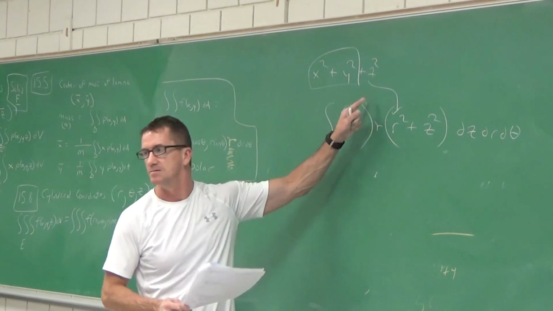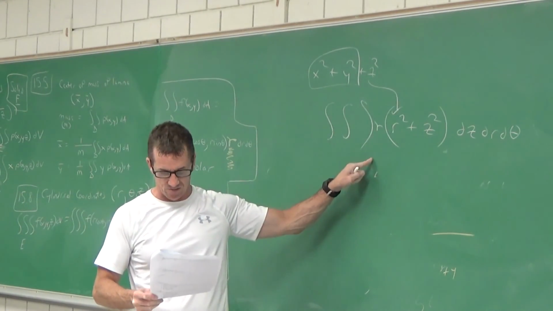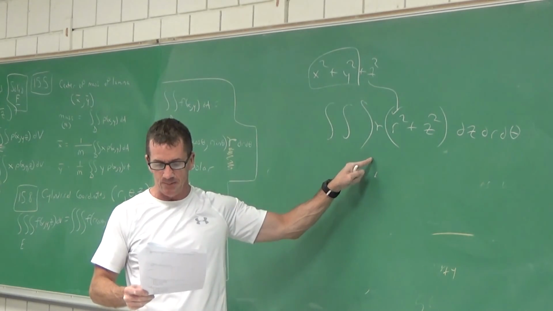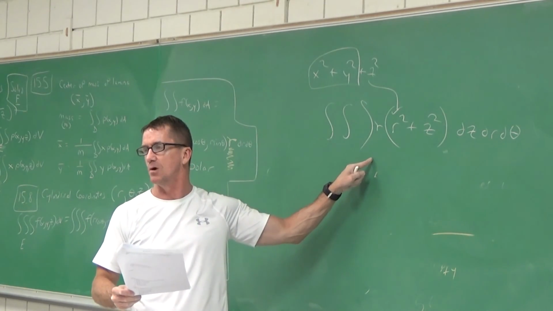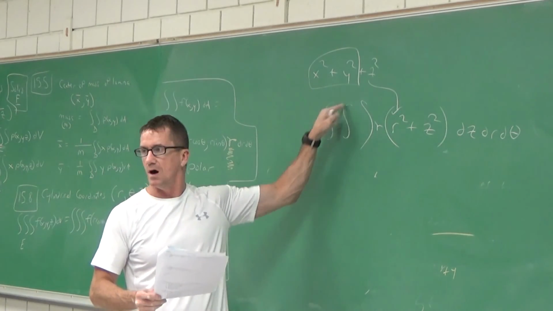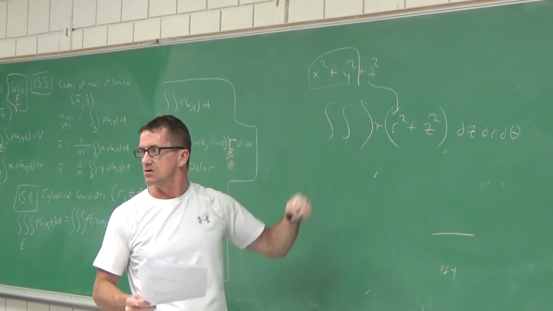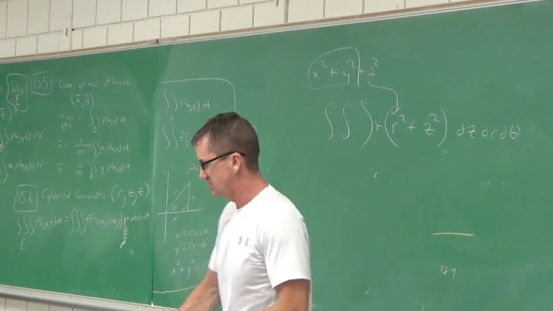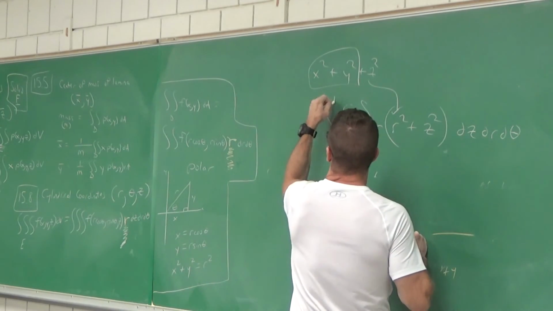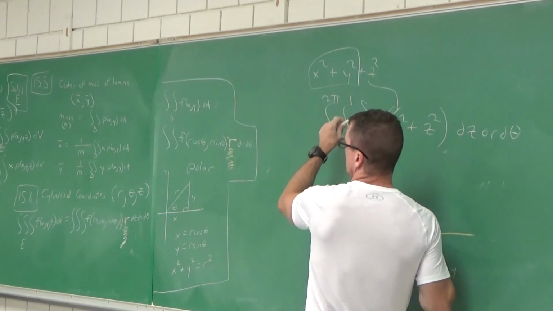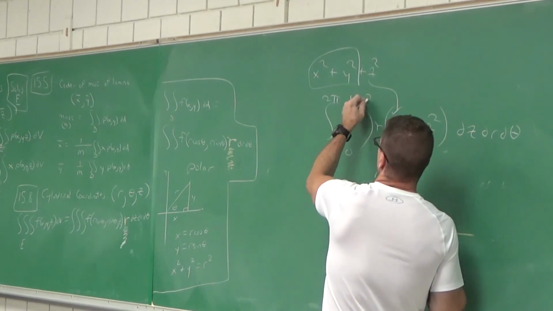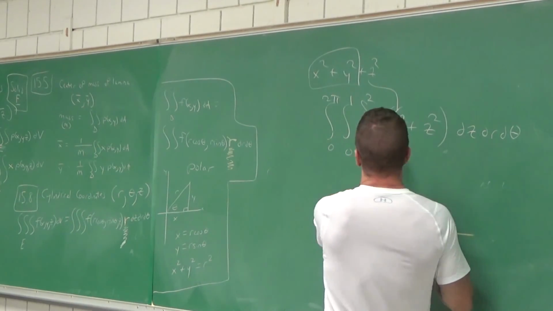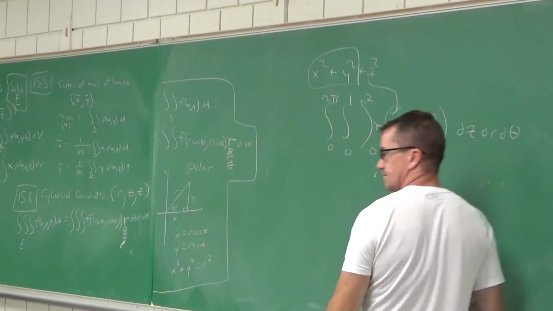What would that be? 2 and 0. But it said it had to be inside a cylinder with a radius of 1. So that'd be 0 to 1 and then 0 to 2 pi. Do you all agree? 0 to 2 pi, 0 to 1, and then between the planes z equals 2 and z equals 0.